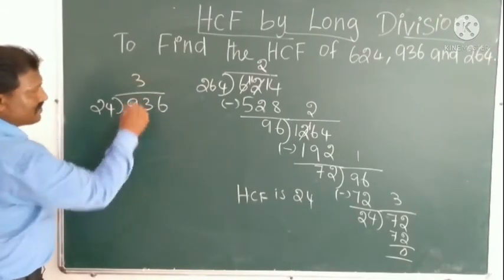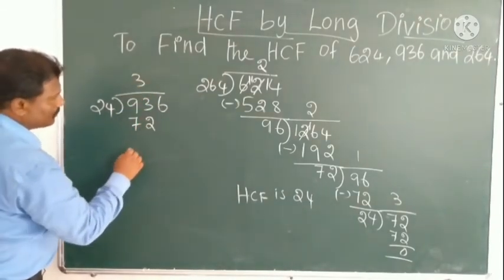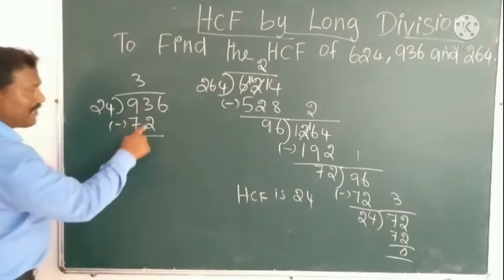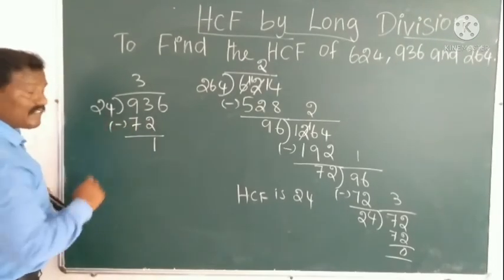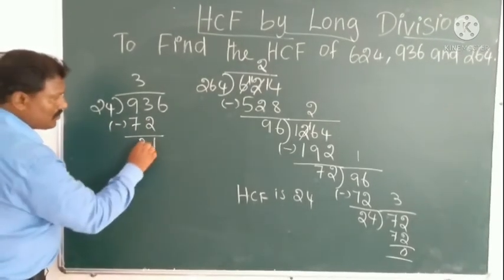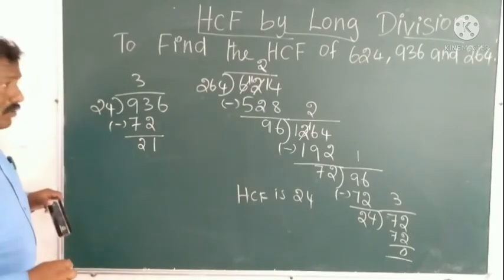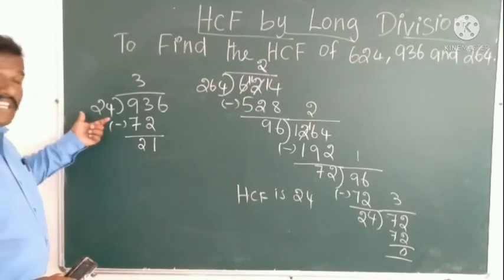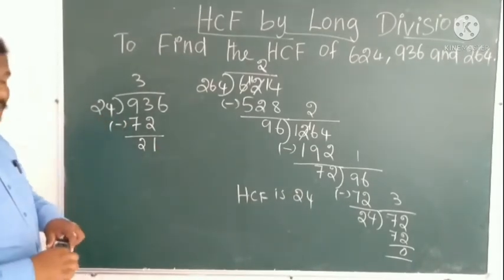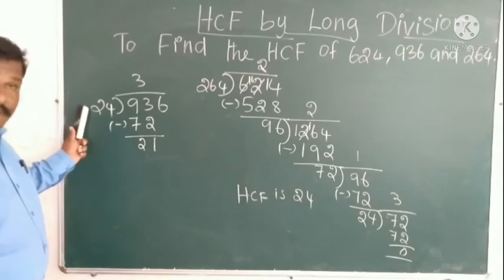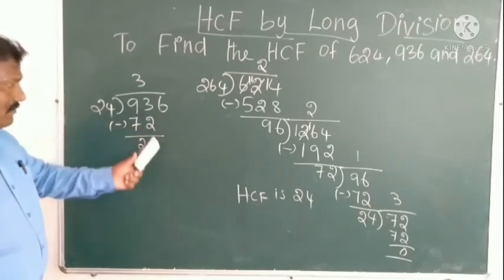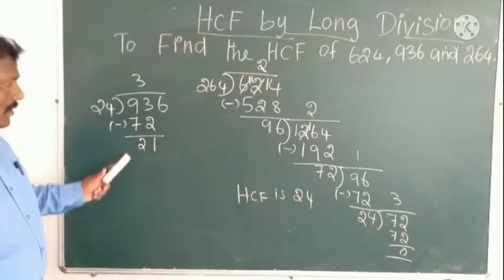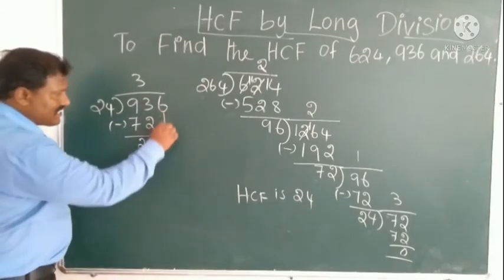So 3 24s are 72. If you subtract this, 3 minus 2, remainder 1, 9 minus 7, 2. 21 as a remainder. But here 216 is there, no? We have to take down. So 216.